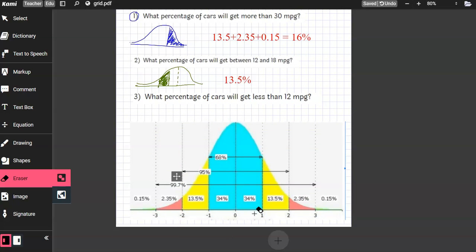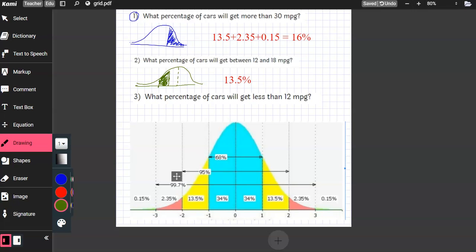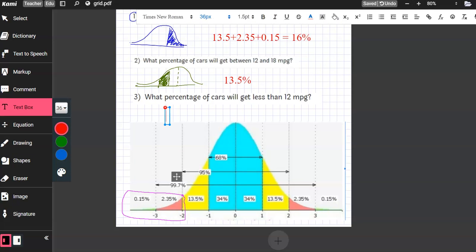So we're going to get these values here. You're going to add 2.35 and 0.15. So let's add 2.35 plus 0.15, and then we should get about 2.5%. Okay, so that's how you do that example.